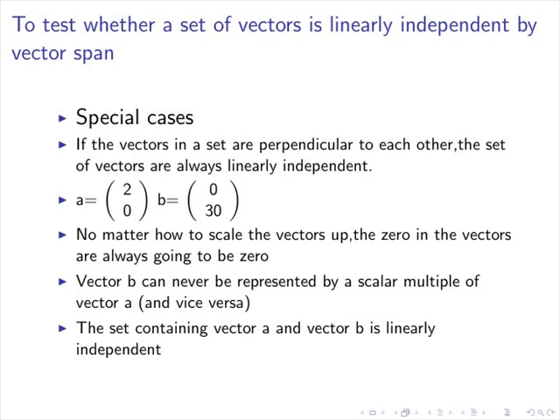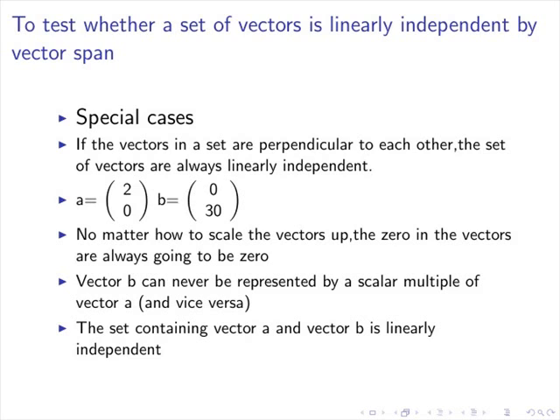There are special cases: if the vectors in the set are perpendicular to each other, the set of vectors is always linearly independent. For instance, vector A and vector B are two perpendicular vectors. No matter how you scale the vectors up, the zeros in the vectors are always going to be 0.